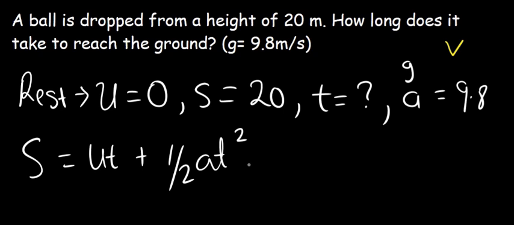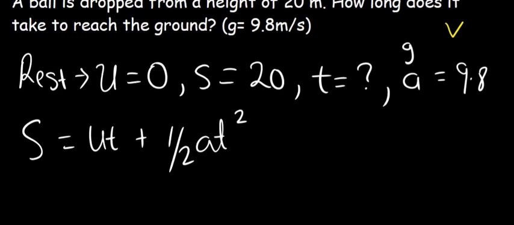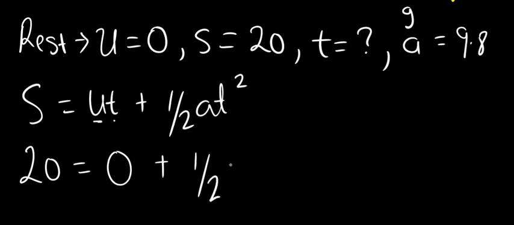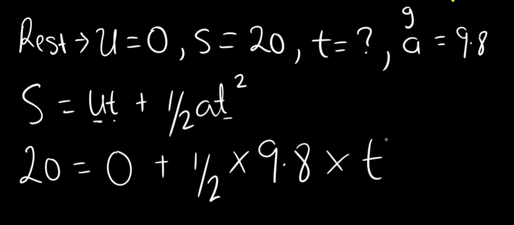So that means S, which is 20, so we now have 20 is equal to u, which is 0, multiplied, so this one becomes 0 already, plus half. What is our a? Our a is 9.8, acceleration. Then t is what we're looking for, multiplied by t square.